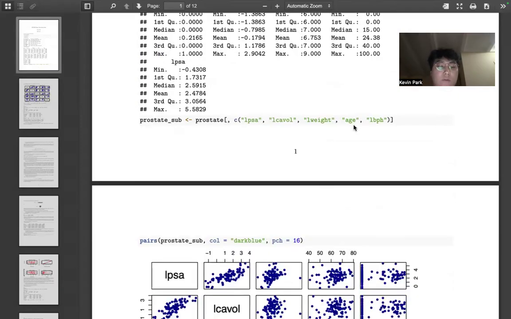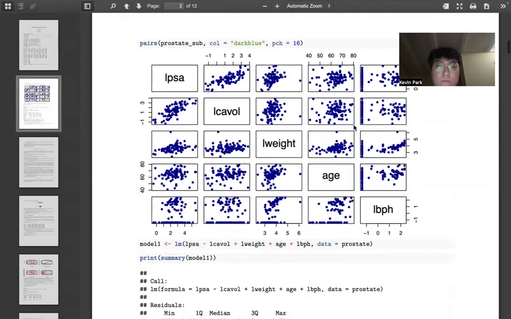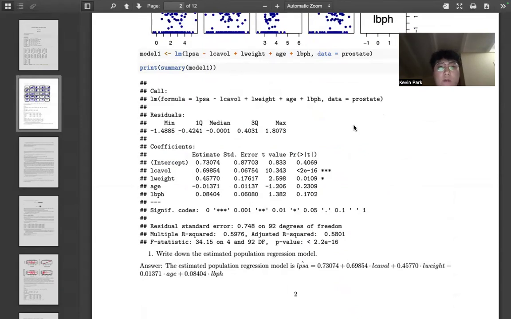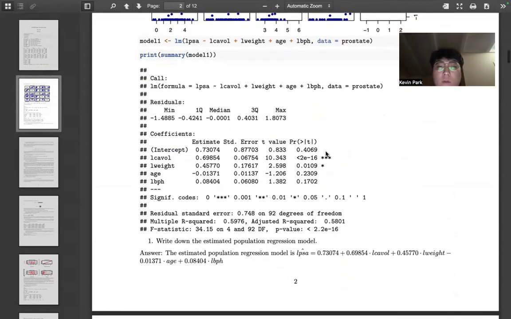So the first exercise is about the prostate cancer data. We are trying to explain the response variable with a total of four predictors.